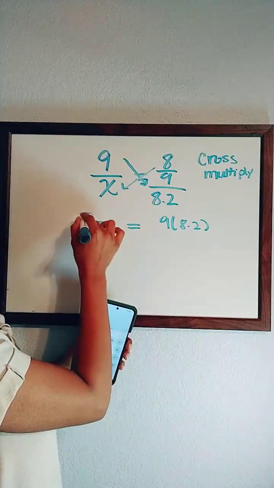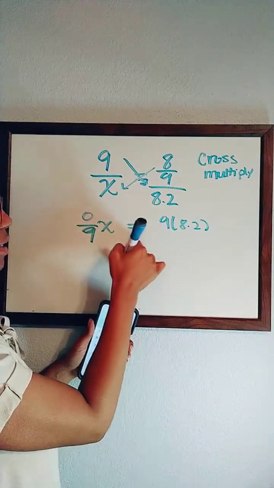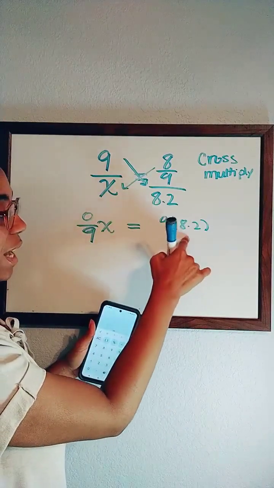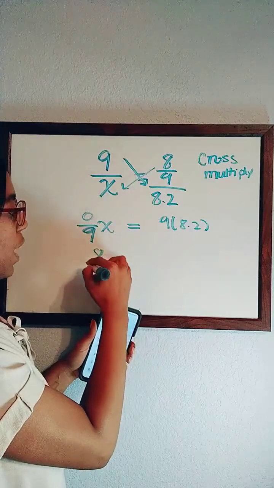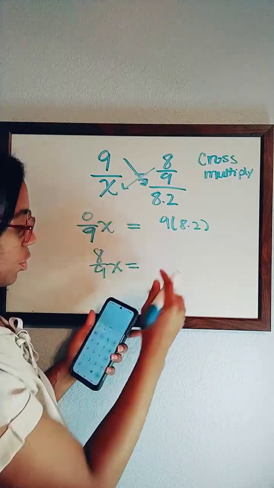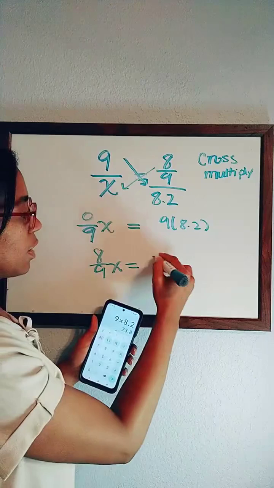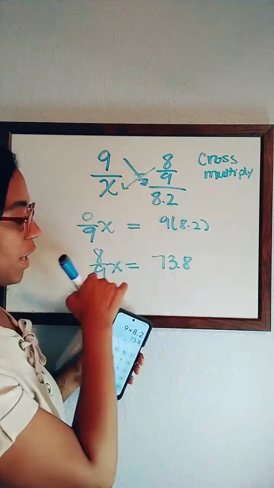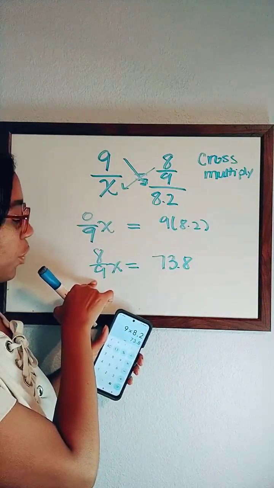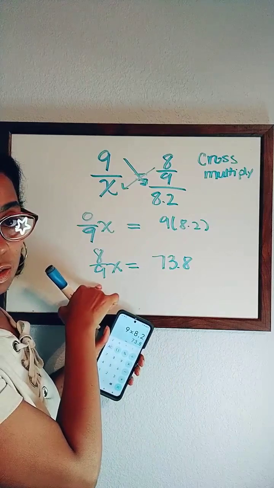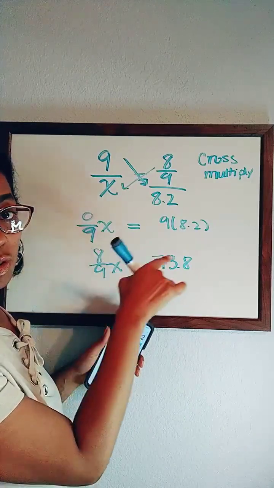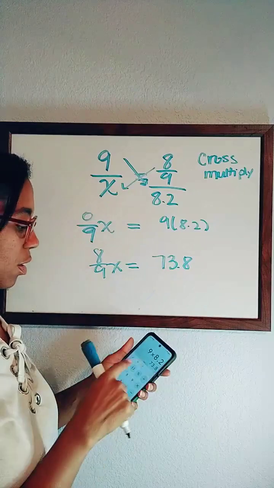So I want you to leave this as 8 ninths x is equal to 9 times 8.2, and I want you to do 8 over 9x is equal to 73.8. And then I want you to do our regular things that we do whenever we get rid of a fraction, so you can make sure you get the 100% right answer.